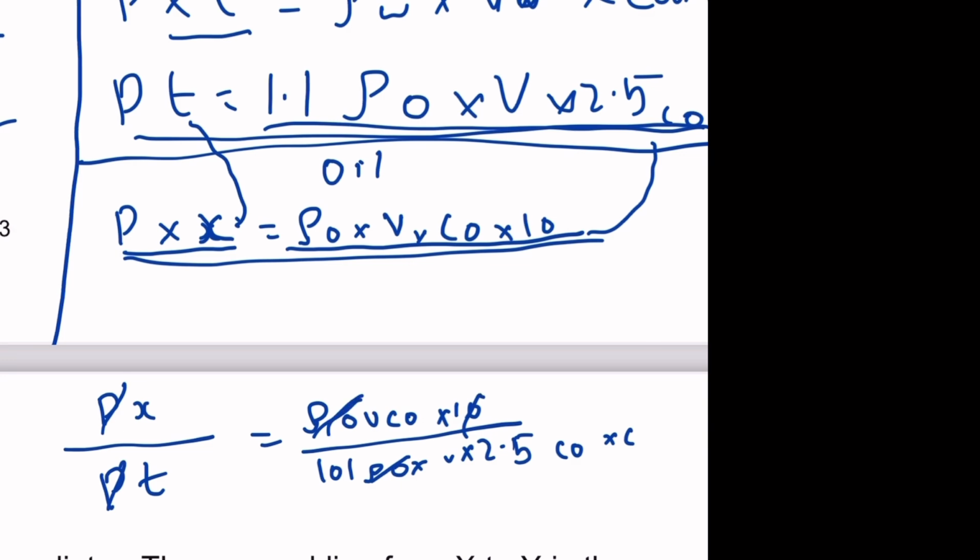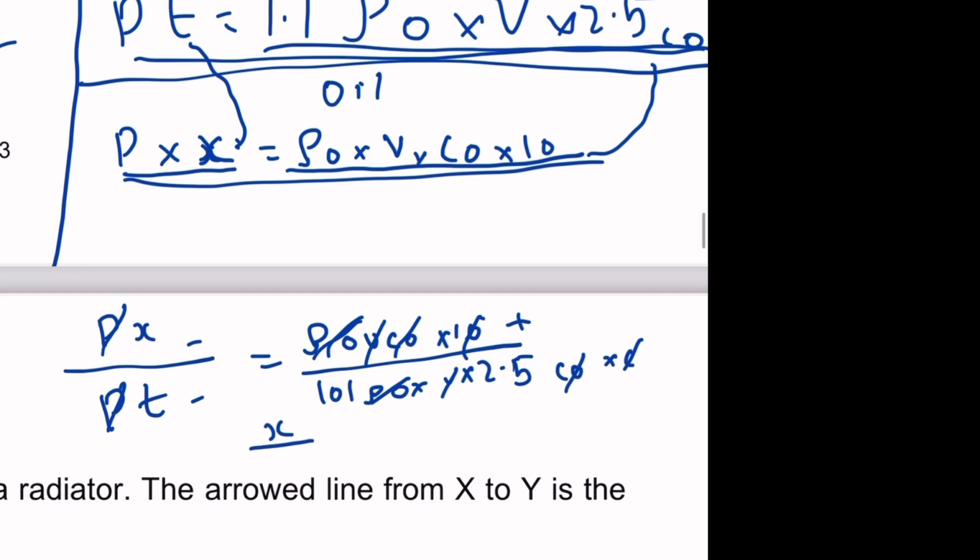This one, this, and this. Specific heat capacity. So as you can see on this side, nothing is left, and here x and t is left. So it will be x into divided by t is equal to, since nothing is left there, I'm just going to put 1. 1 divided by 1.1 into 2.5.